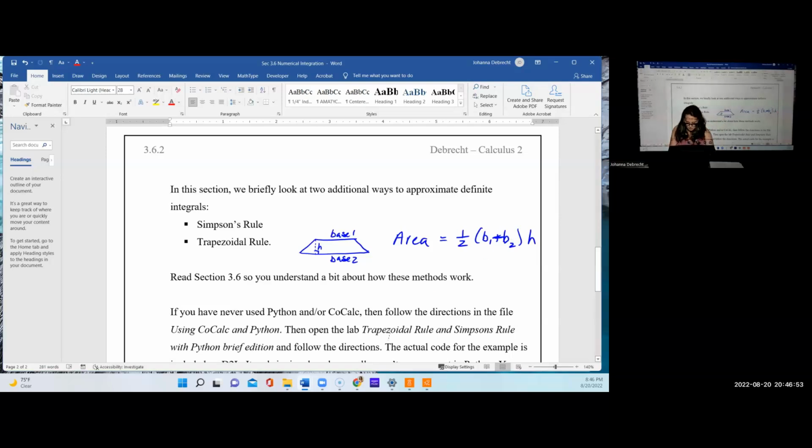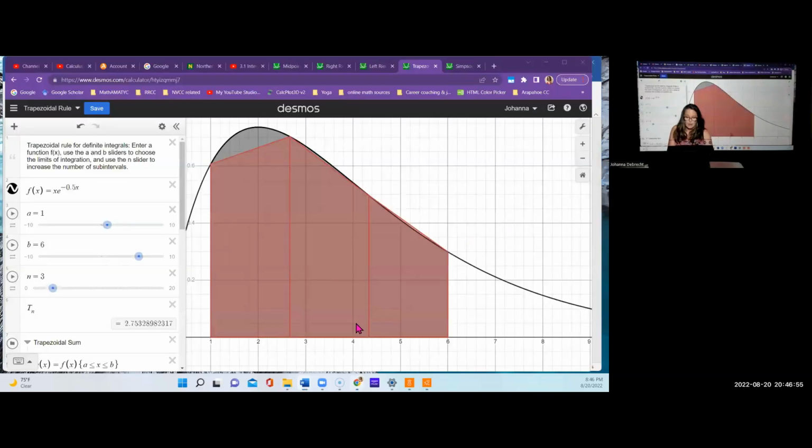Well, let's go back to our picture over here and recall that this side and this side are the bases. And the side that's perpendicular to it, well, hello, that's the segment along the x-axis. In other words, this is my delta x.